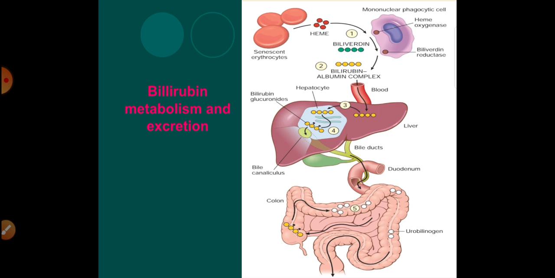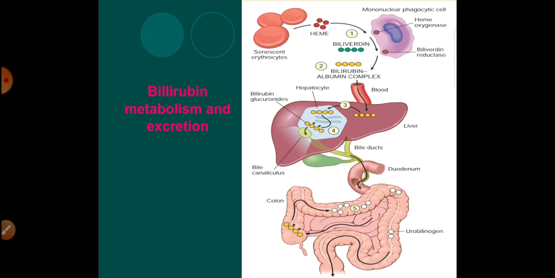From the gallbladder, whenever it is required, it will be secreted into the duodenum at the ampulla of Vater. In the gut, it will be converted to urobilinogen and it will be excreted in the stools and partly reabsorbed and undergoes enterohepatic circulation, which is later on filtered by the glomeruli and excreted in the urine.